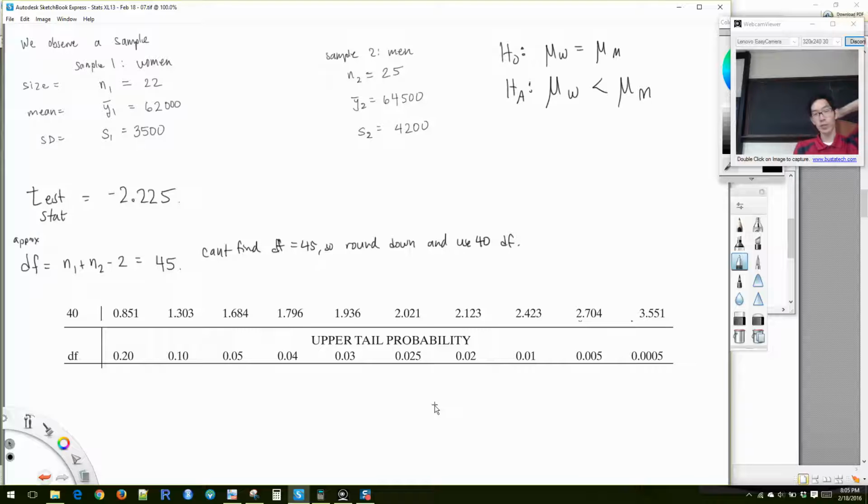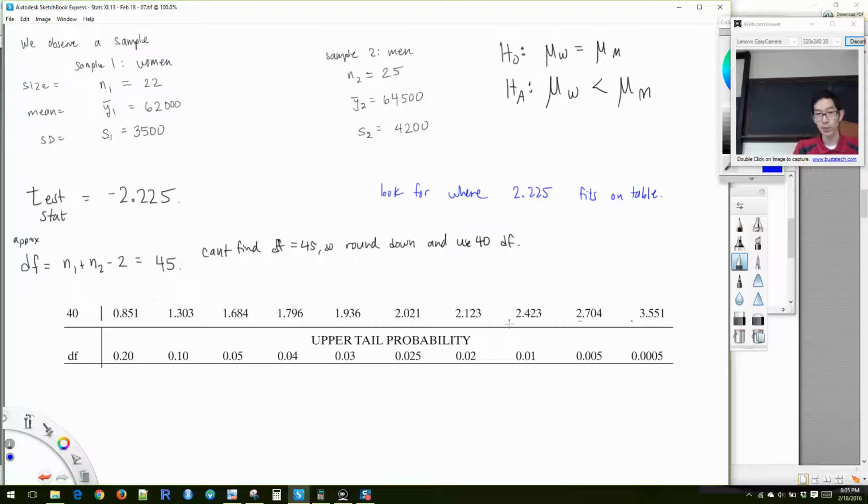So what we have is 40 degrees of freedom, and we're going to see where 2.225 fits in our table here. Because the table is symmetric, even though I have a negative 2.225, I'm going to just ignore the negative sign and look for where 2.225 fits on the table.